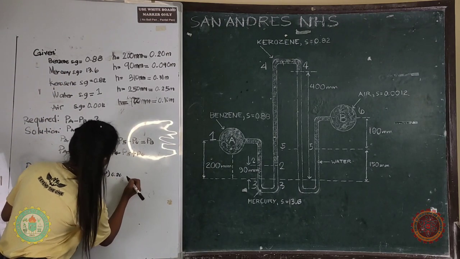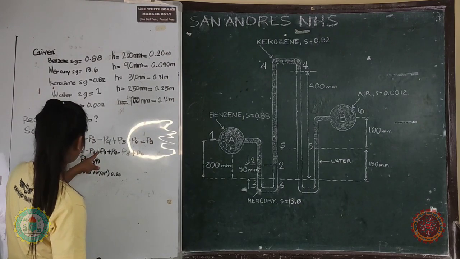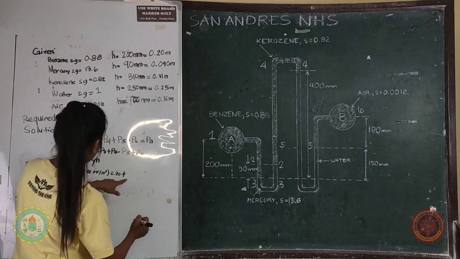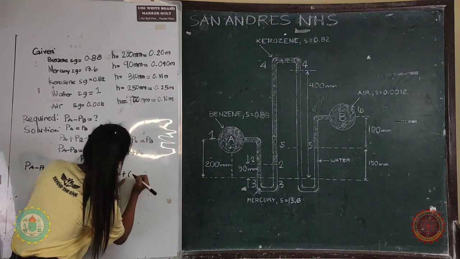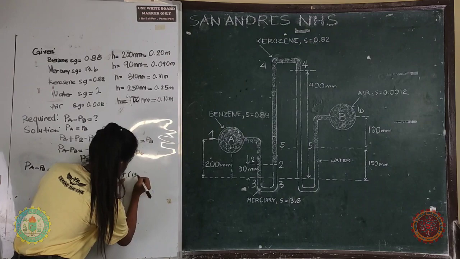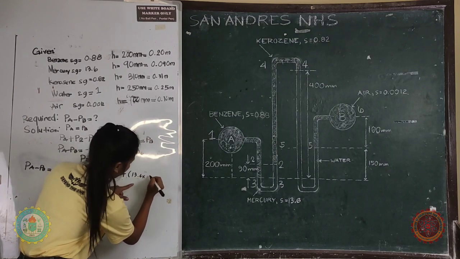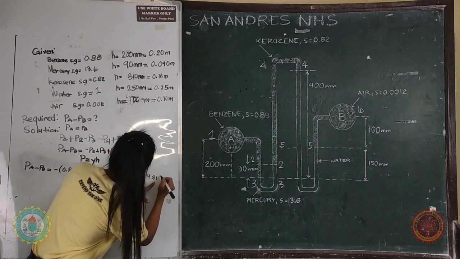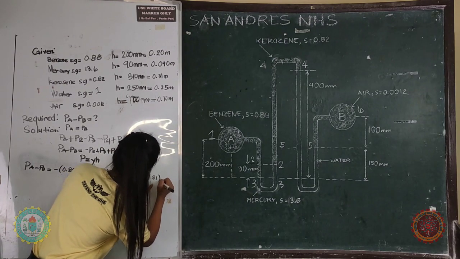The height of benzene is 0.20. Plus, the next is pressure P3, which is mercury. Its specific gravity is 13.6 times 9.81 kilonewton per cubic meter.